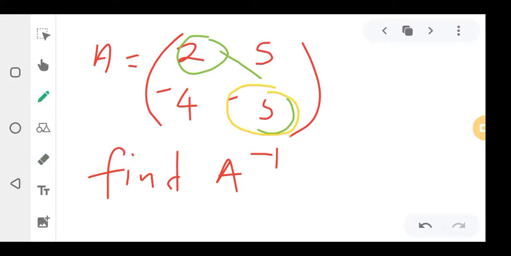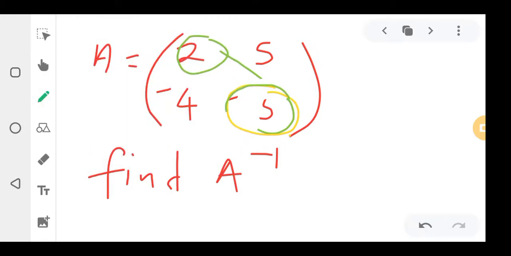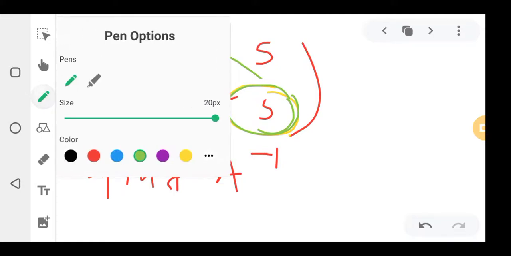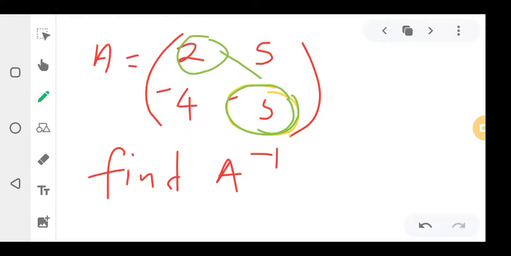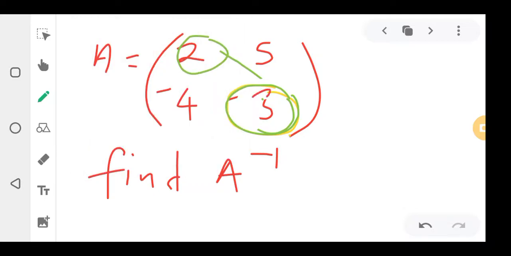Negative 3. That one is actually negative what? Negative 3. Yes. So negative 3 goes where 2 is, and then 2 goes where negative 3 is. So you come back to the original matrix.